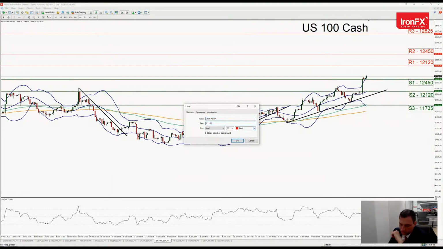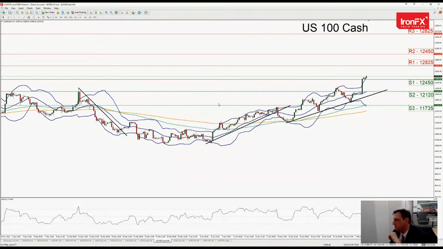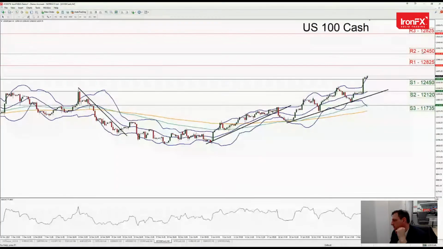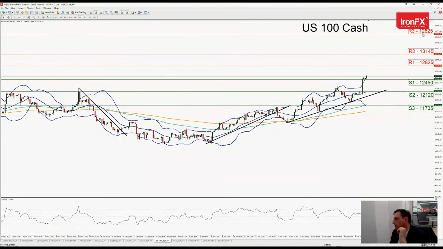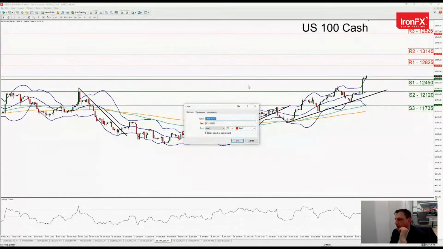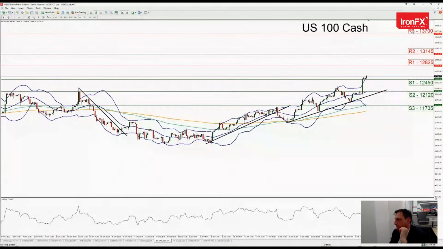Sorry about my coughing, but everybody here is having a cough. And the R2 at 13,145. And the R3 at 13,700. Nice round figure here.